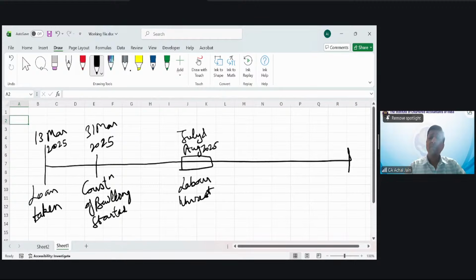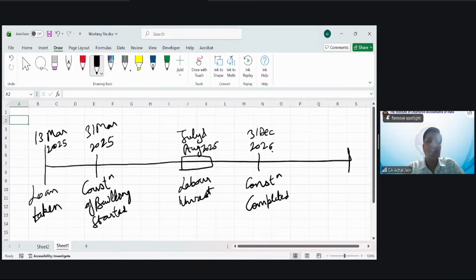Now let's suppose this construction got completed, say on 31st December 2026. Construction completed.